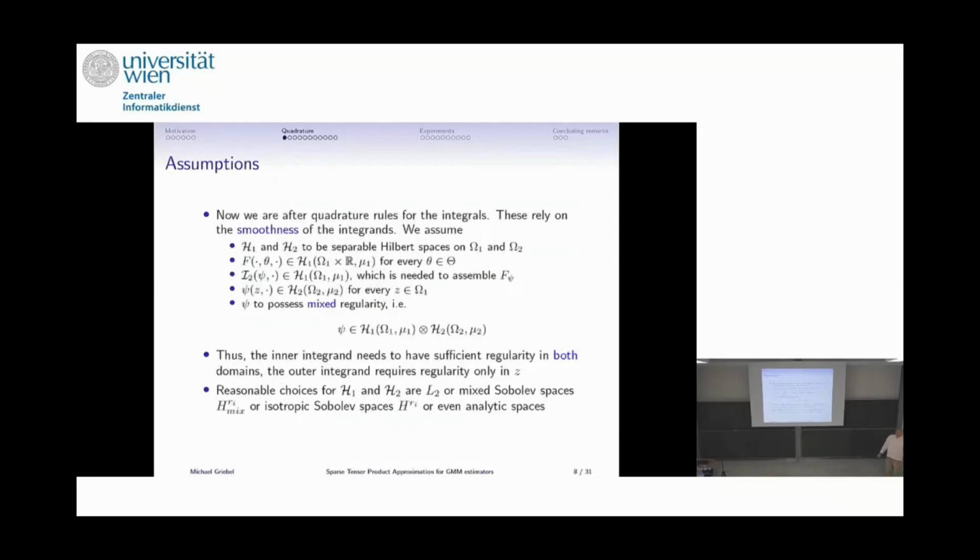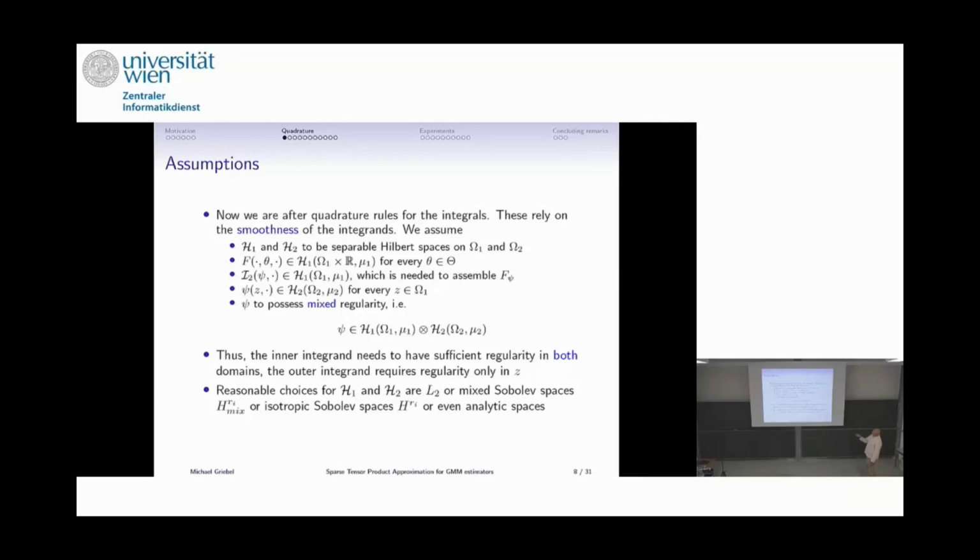And what we are after are quadrature rules which are high order and fast. What do we need for that? Forget deterministic and non-deterministic settings for the time being. We aim after higher rates. And to this end, we need the smoothness of these integrals. If everything is smooth, sufficiently smooth, we can employ higher order rates and gain a lot. Recall, this is in the inner loop of the maximization with respect to the theta. Any gain in the inner loop speeds up things tremendously.